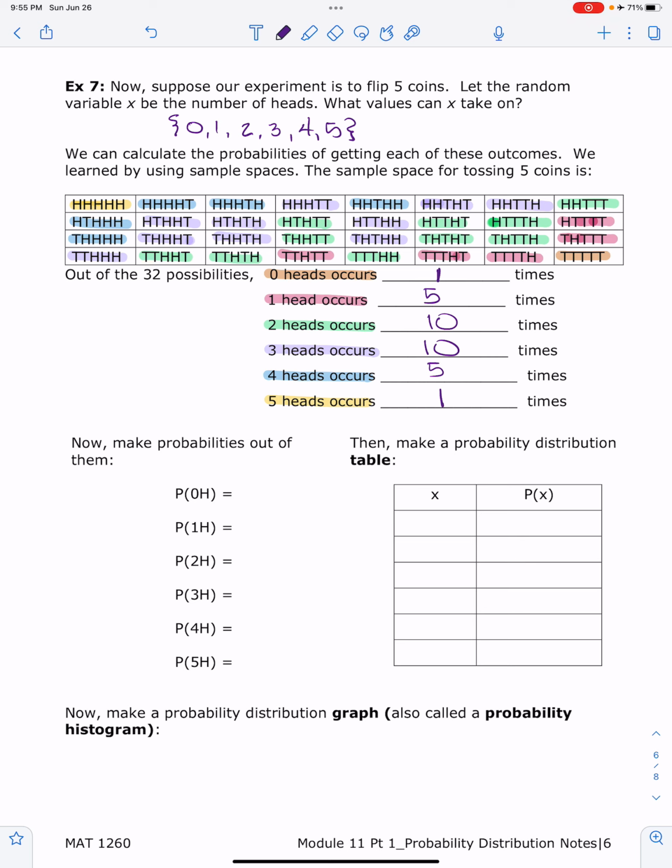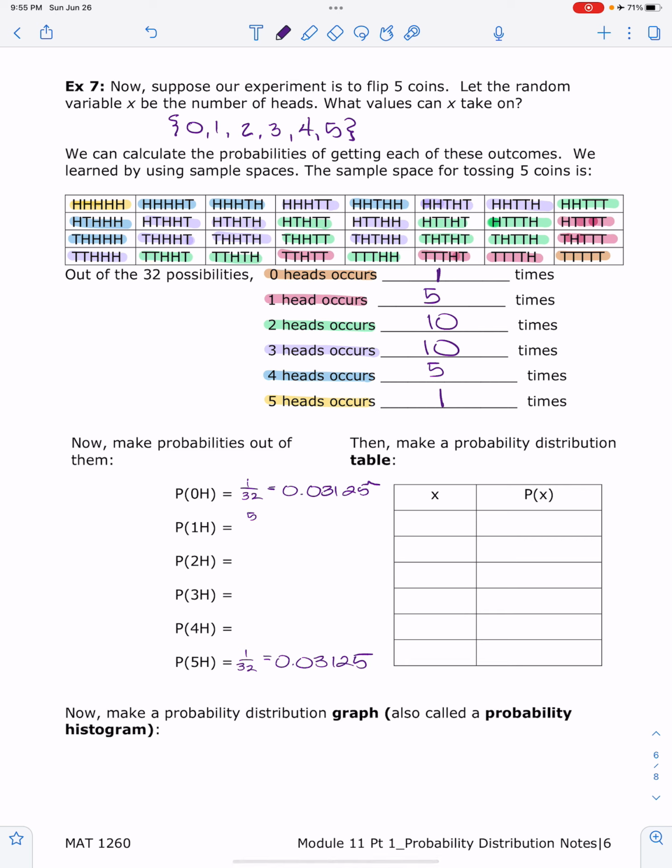So the probability of 0 heads is 1 out of 32, 0.03125. We know that was the same for getting 5 heads. Go ahead and fill in on both sides.